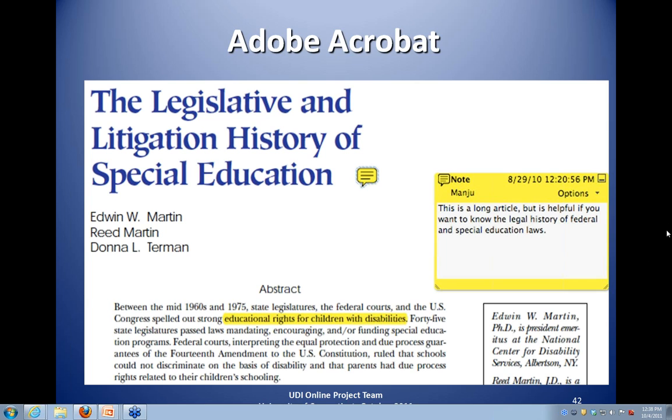Other questions? Yes. Can the presenter relate the section of highlighting tools to the topic of universal design for instruction? Yes, the question was relating highlighting tool to universal design for instruction.